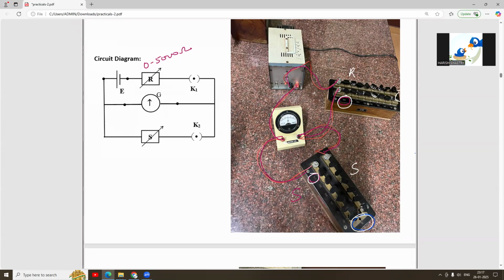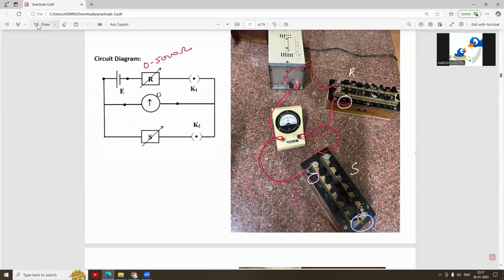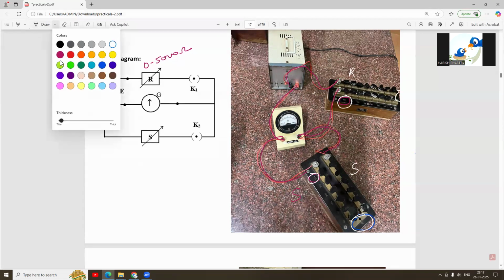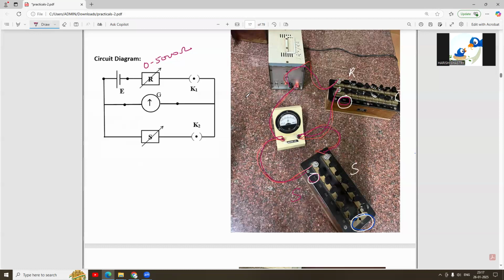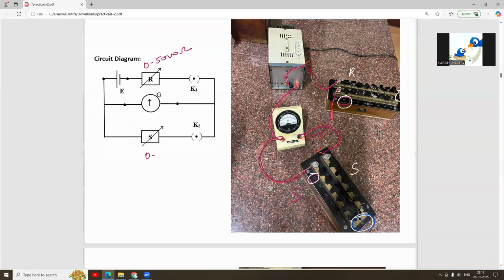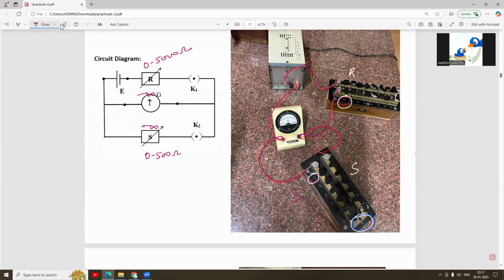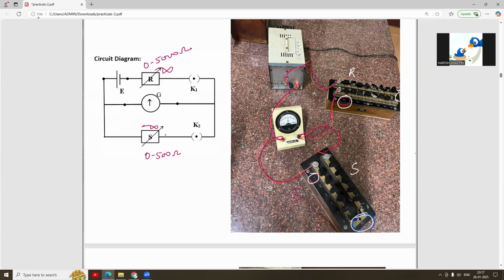That means both are open. So when you open both the resistance boxes, they are showing very high resistances. This is the 0 to 500 range, but this is infinity, this is infinity. Both are open. The circuit is open. No current is passing through any of the components. Sorry, not galvanometer, resistance box is infinity. That means this is open. This is also open. It's like an open circuit, no current is passing.